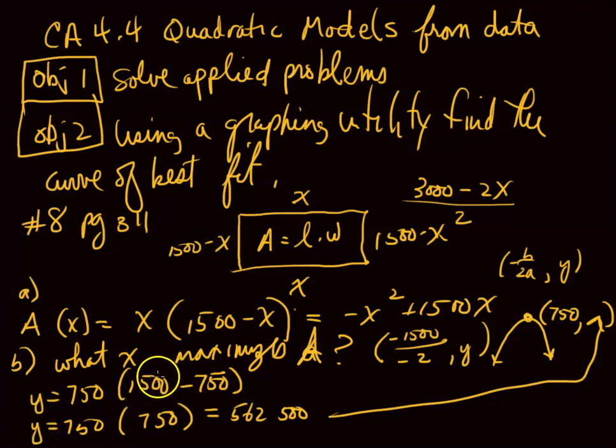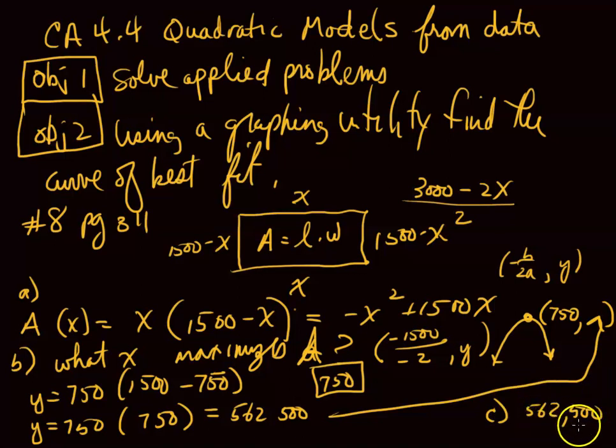Now, they're asking for x, what x maximizes, 750. So for part B, what x maximizes this, that's the 750. Part C, what is the maximum value? So part C is the 562,500.